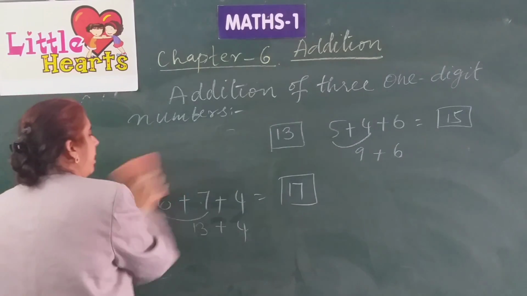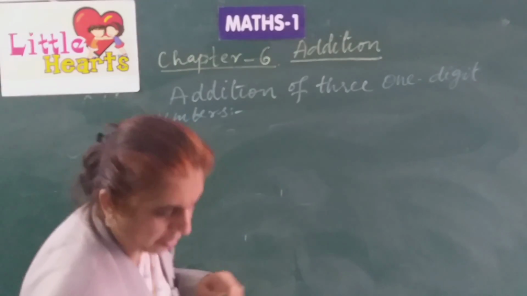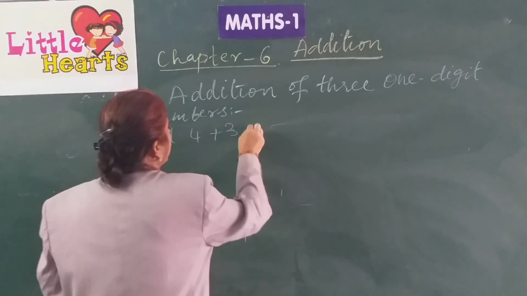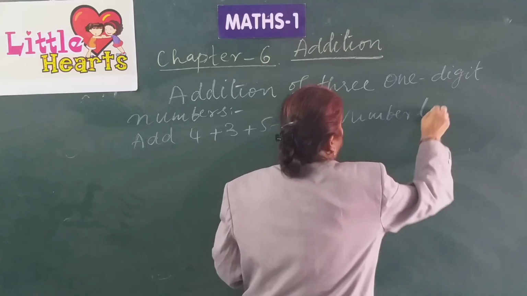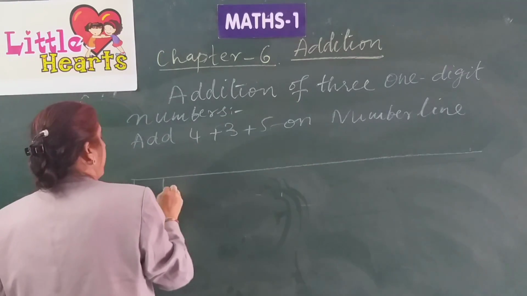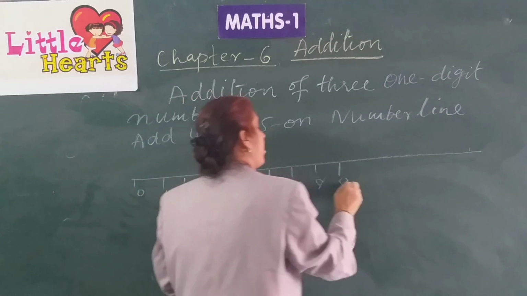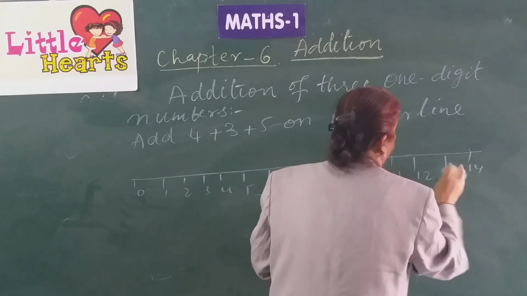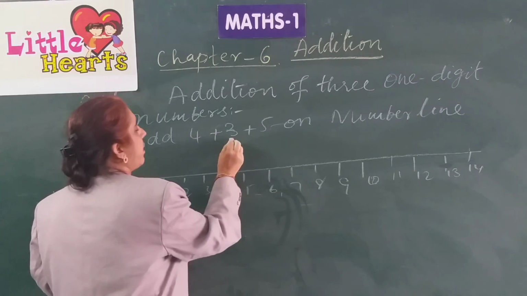Now let us see adding 3 numbers on the number line. Add 4 plus 3 plus 5 on number line. The first number is 4. Start from 4. The next number is 3.